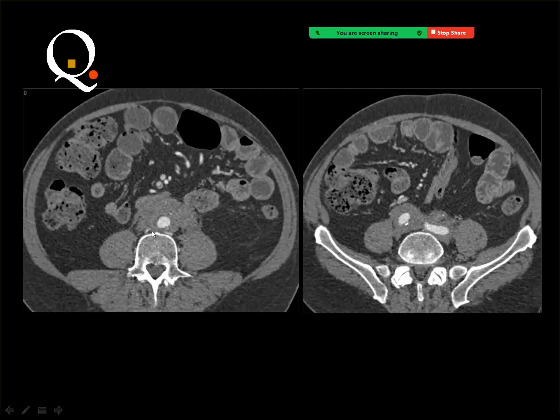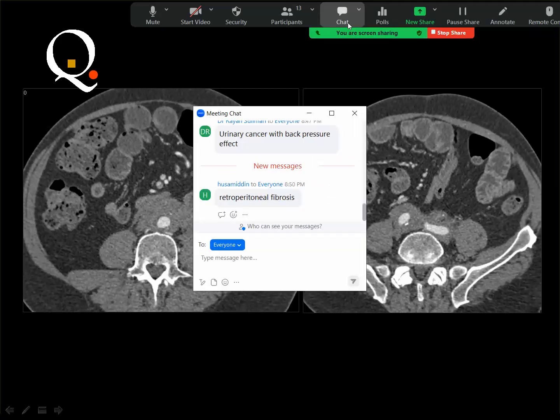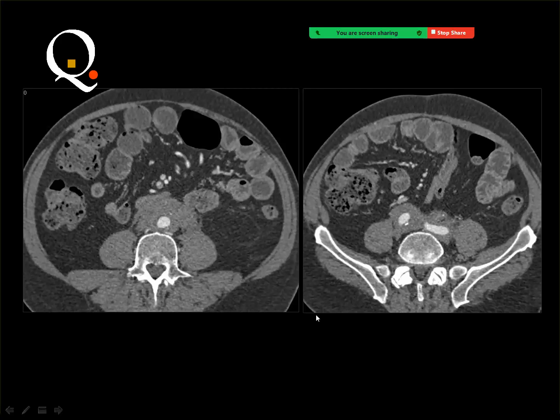in the region of the aorta and iliac arteries. Yes, and the answer is right.